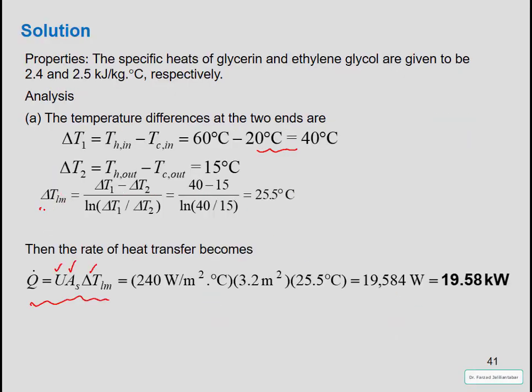So by substitution, we can find this delta T LM as the log mean temperature difference. Then by substitution of this delta T LM in the equation to calculate the rate of heat transfer by the LMTD method, we can find Q dot. So Q dot for this heat exchanger will be 19.58 kilowatts.